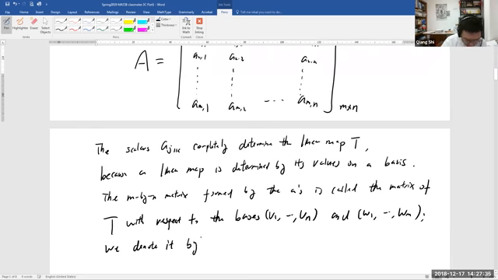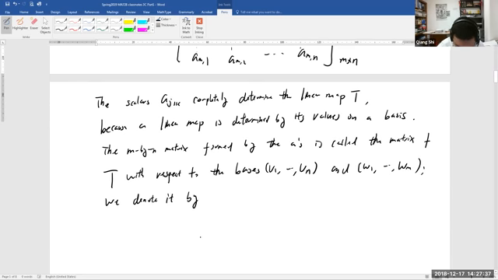So we put a capital M here, which of course means the matrix, and then we put the T, which is the linear map we talk about, and then we specify what those two bases are. Because obviously if you change the basis, this matrix is most likely going to change.